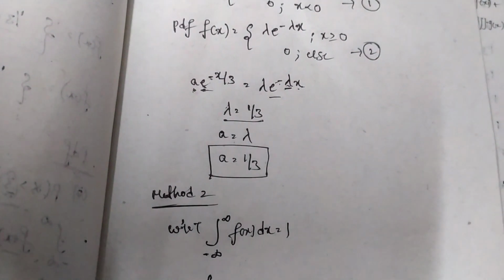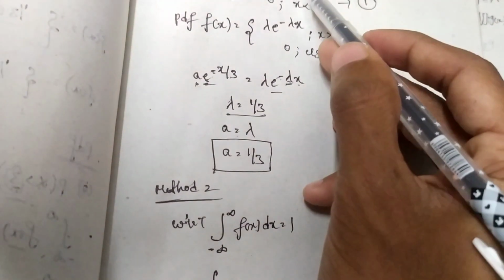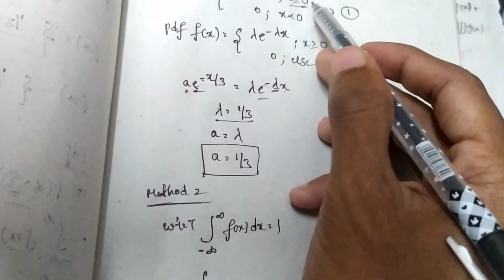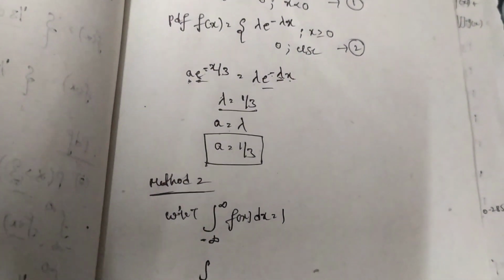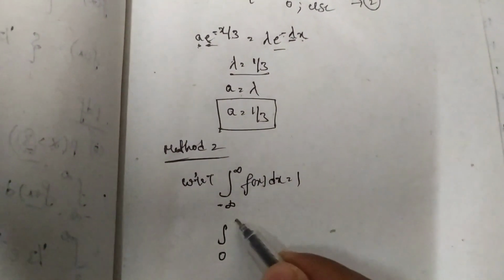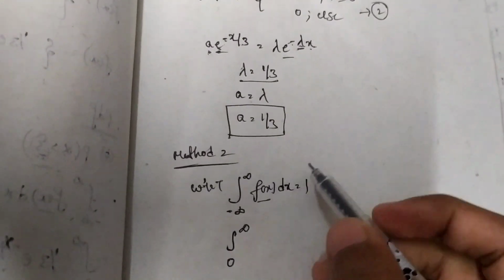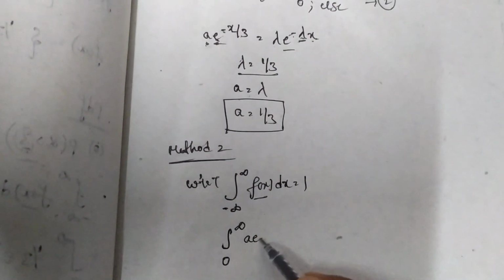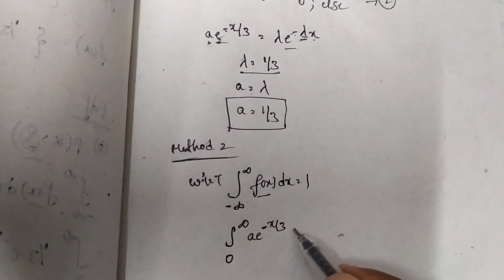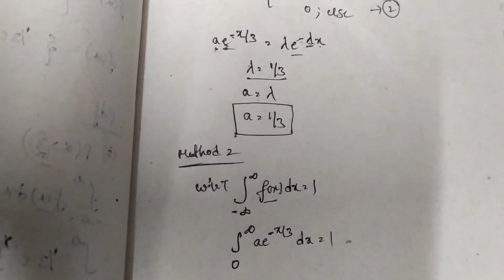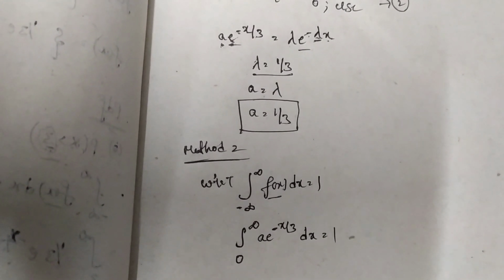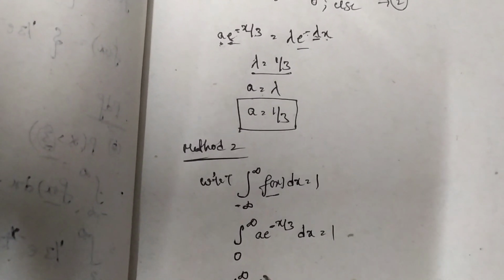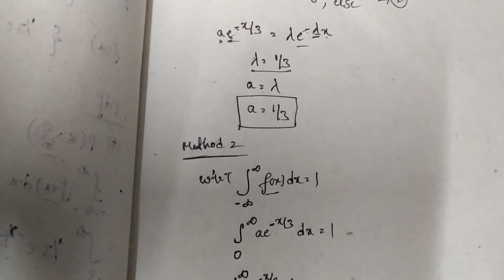Up to infinity we don't know how much, so we take the integration from 0 to infinity. The f of x function is a into e power minus x by 3 dx equals 1. Keeping a outside, the integration from 0 to infinity of e power minus x by 3 dx equals 1.